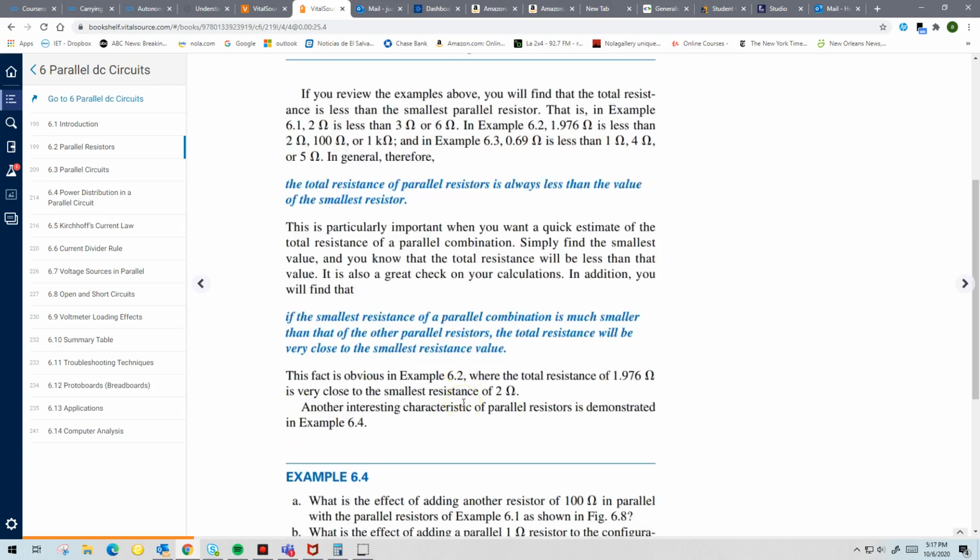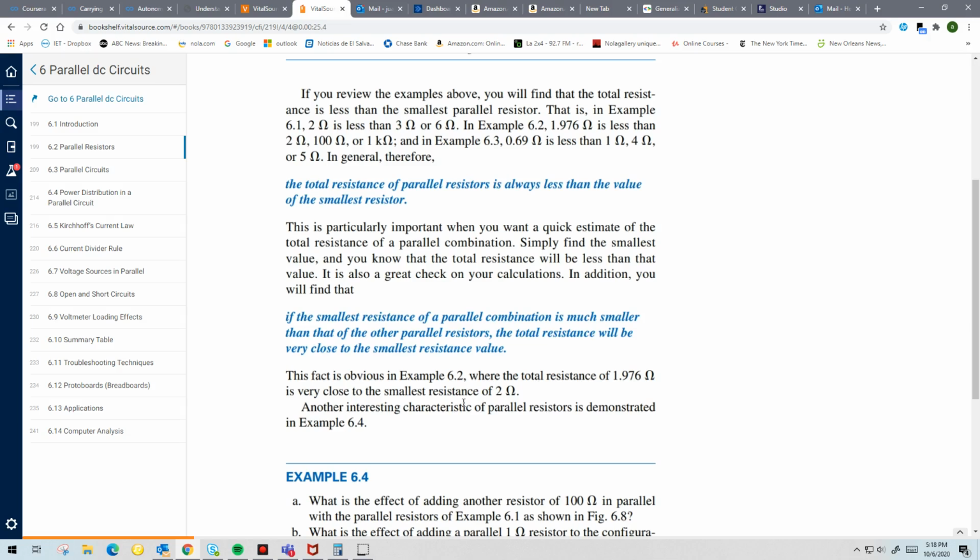So that's another good thing to remember when you analyze this kind of circuit. If the smallest resistance in a parallel combination is much smaller than the other parallel resistors, the total resistance will be very close to the smallest resistance value when you combine them.